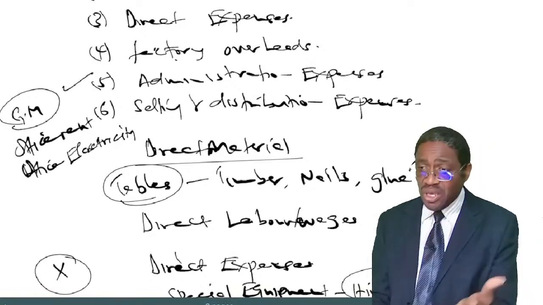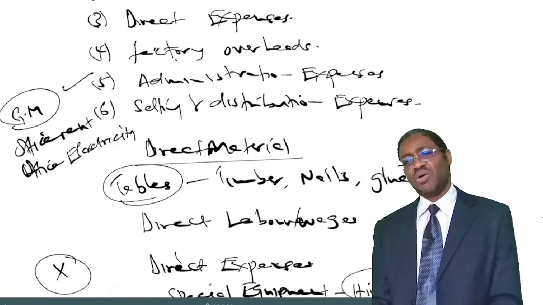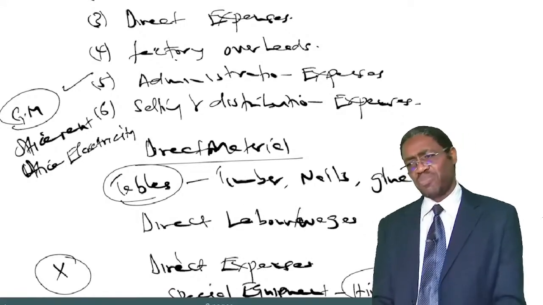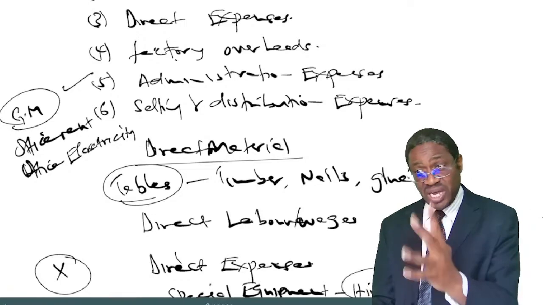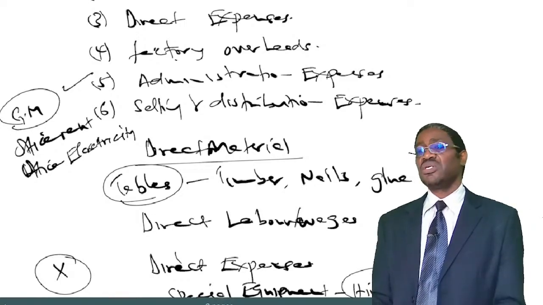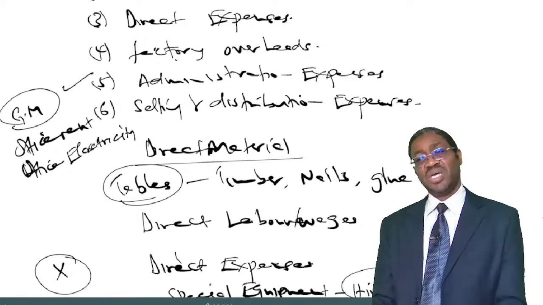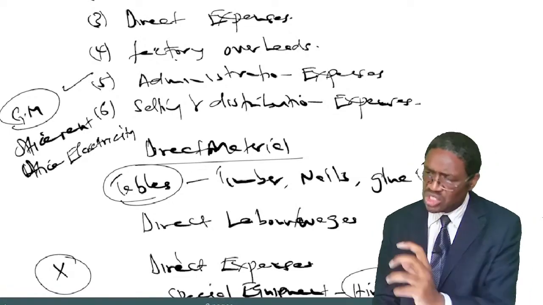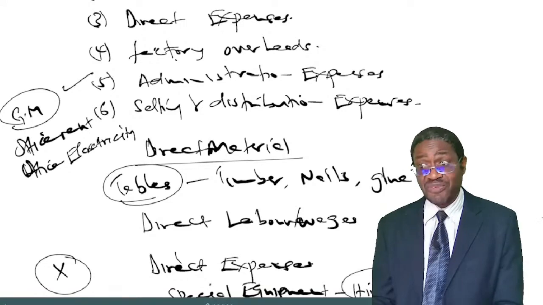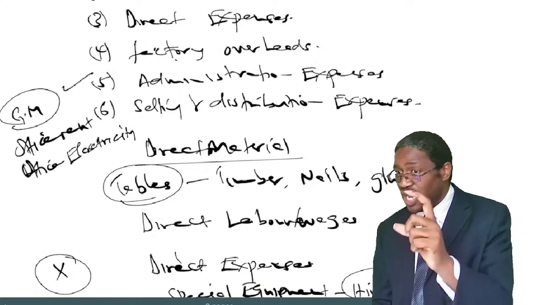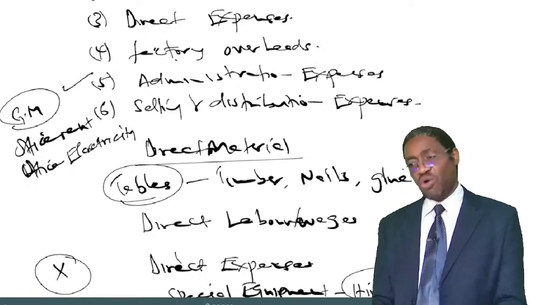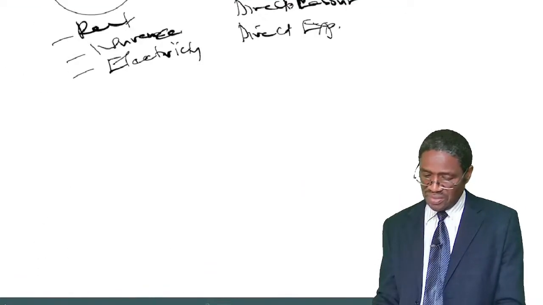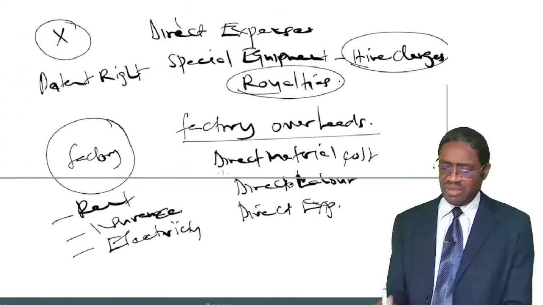So if you are paying office electricity, then of course, if you are depreciating office equipment, that becomes an administration expense. Listen, but if you are depreciating factory machinery, that becomes a factory overhead. Good. So that's all about admin expense.